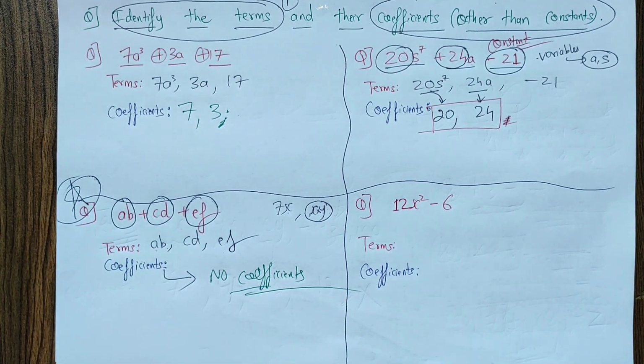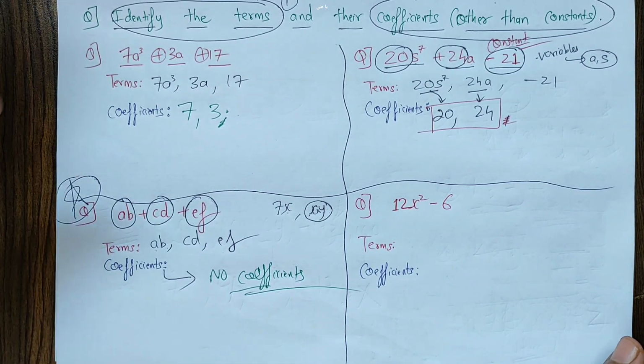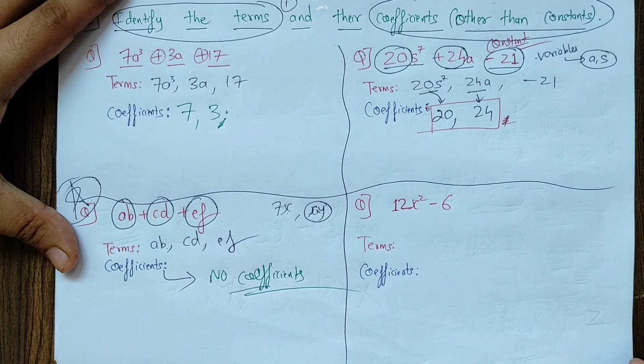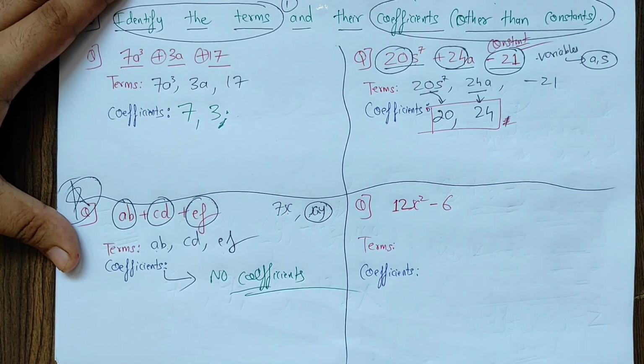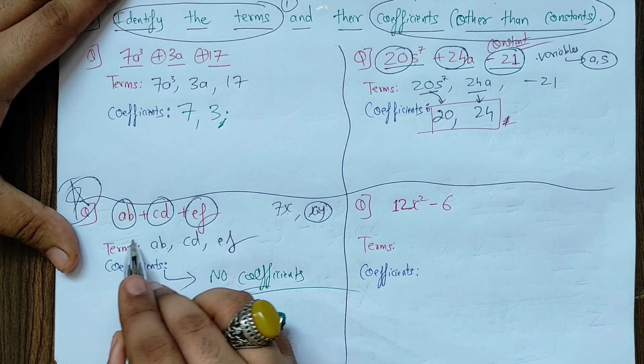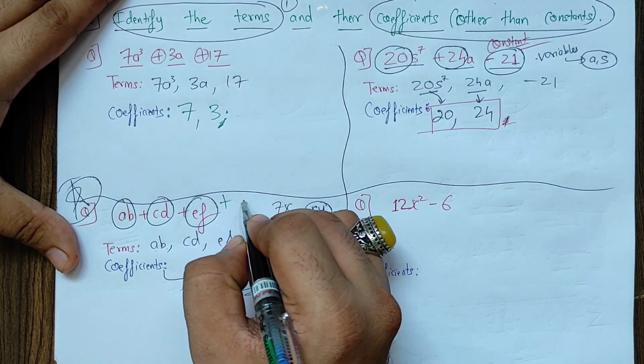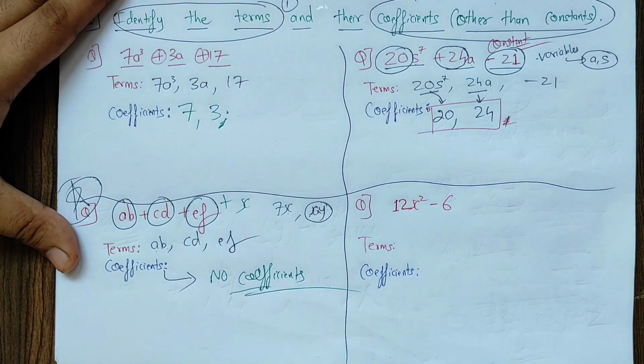Of course, someone can definitely say that where there is nothing, there is one. So in that aspect, somebody can say that 1 is the coefficient. But right now we will not be writing any coefficient because we have two variables. If suppose I have something here plus x, I would be having plus x over here.